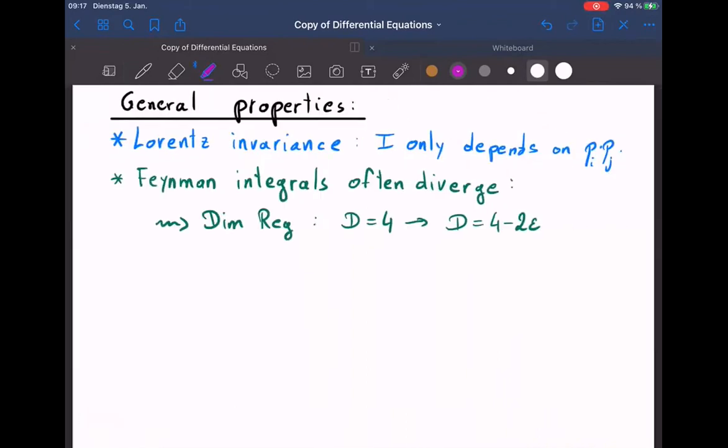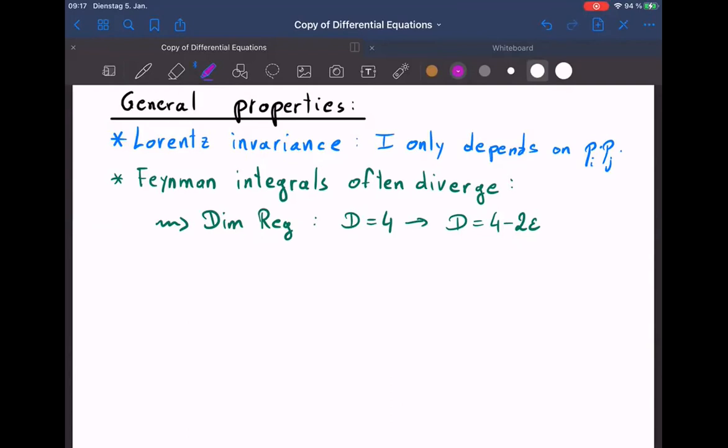Another property which one has to keep in mind is that these integrals very often diverge. So I have to make sense out of these divergent integrals if I want to get a number. There are two kinds of divergences, so I'm not going to say much about it because it's not so important for this lecture, but I guess you also know it, that you have, for example, UV divergences, which you remove by renormalization.